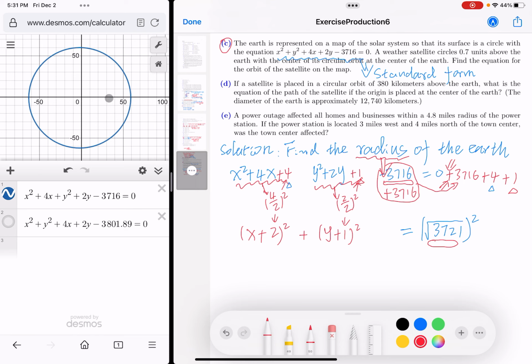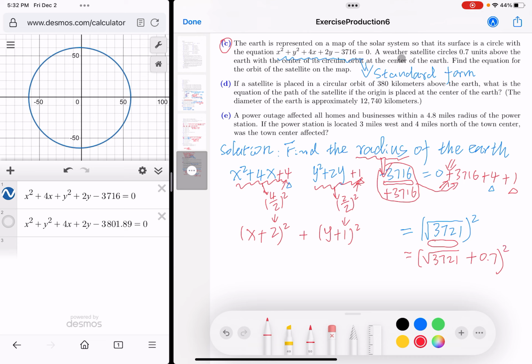Now, we know the satellite is 0.7 units above the Earth, above the surface, and with the center of its circular orbit at the center of the Earth. So again, the center is the same. That tells us that the radical of 3721 plus 0.7 would be the radius of the satellite.